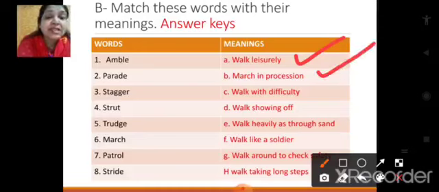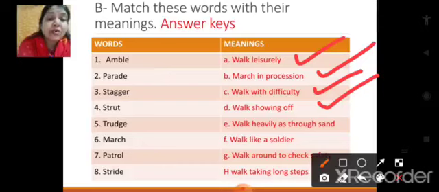Next word is stagger. What do you mean by stagger? It means walk with difficulty. Yes, walk with difficulty. Next one, strut. That means walk showing off. Walk showing off. Right. Next one, trudge. That means walk heavily as through sand.